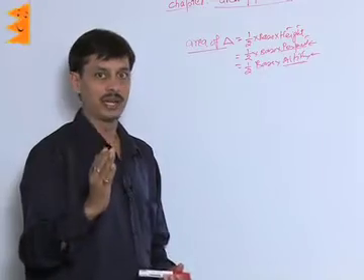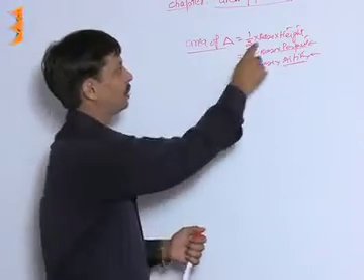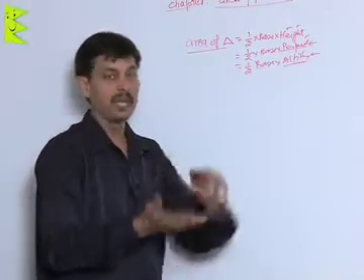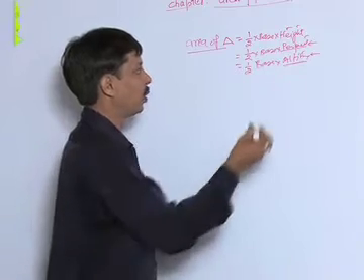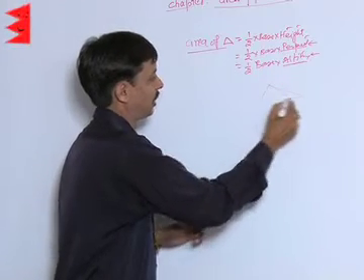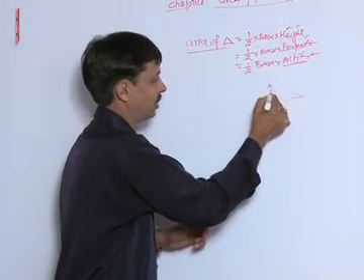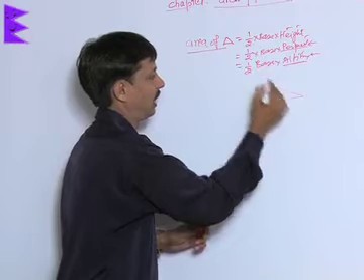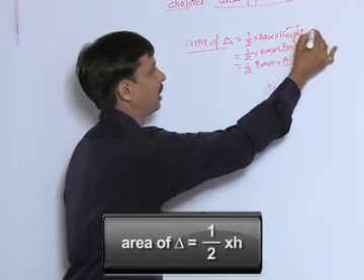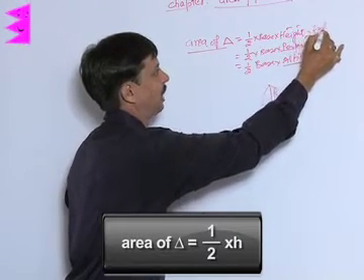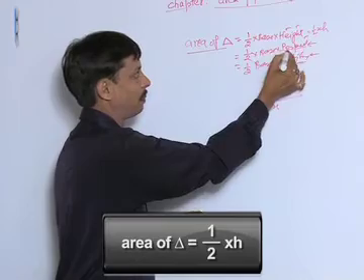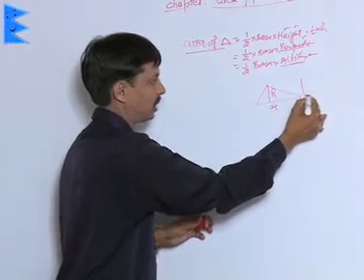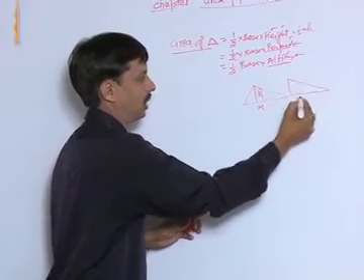Now the area of a triangle formula is half base into height if base and height are given. Suppose a triangle is like this, this is the base and this is the height, x and h, then the area in this case can be written as half xh. Base and perpendicular, this is in the case of a right angled triangle.